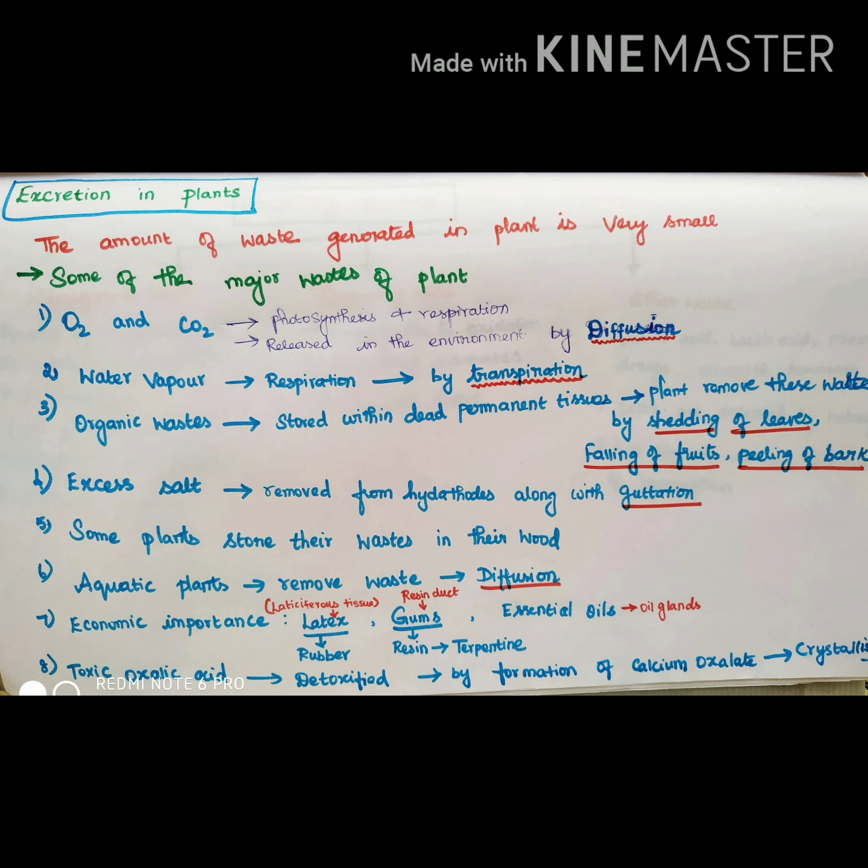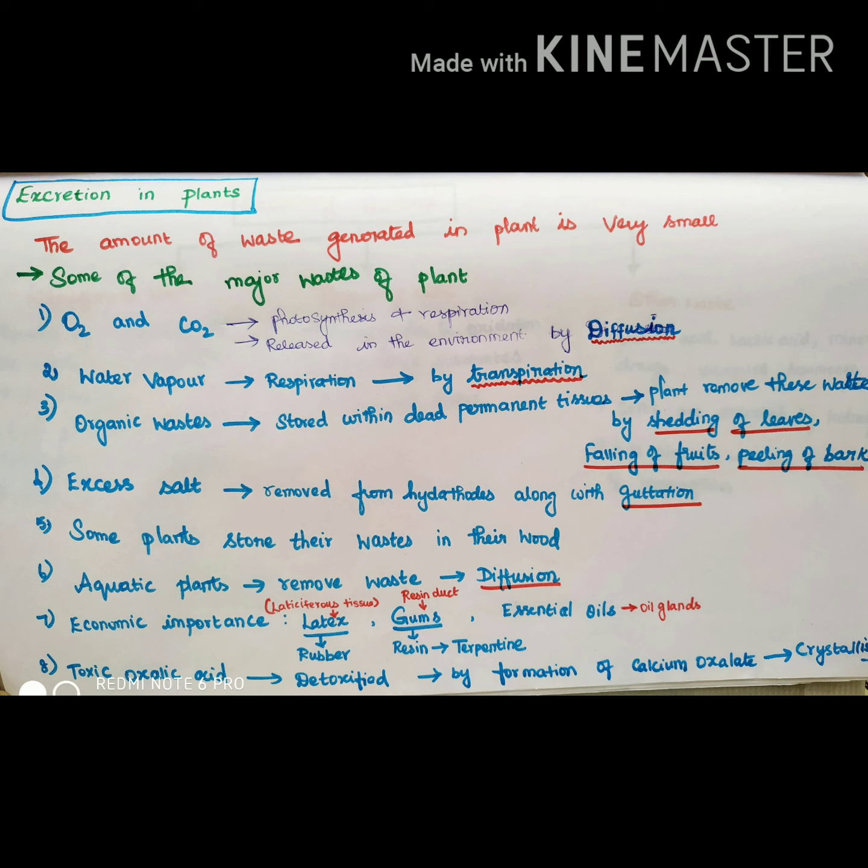Again, one more time I will repeat. Number 1, oxygen and carbon dioxide. Number 2, water vapor. Number 3, organic waste. And number 4, excess salt, which is released through guttation. And number 5, some plants store their waste in the wood itself.